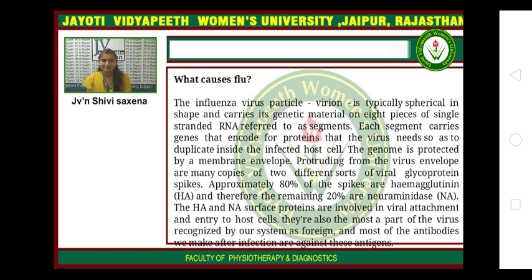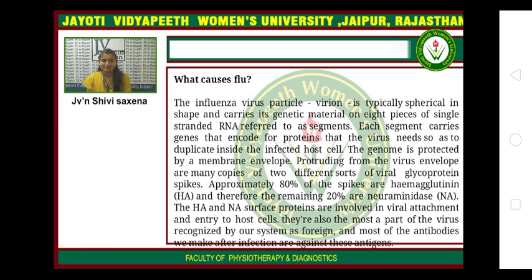Protruding from the virus envelope are many copies of two different sorts of viral glycoprotein spikes. Approximately 80% of the spikes are hemagglutinin and the remaining 20% are neuraminidase.